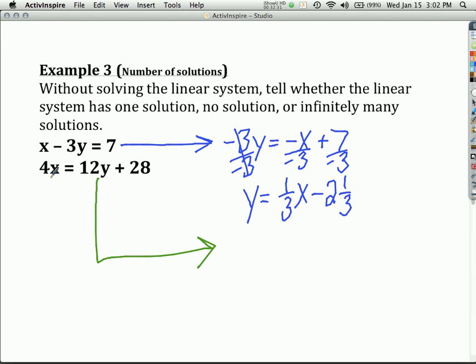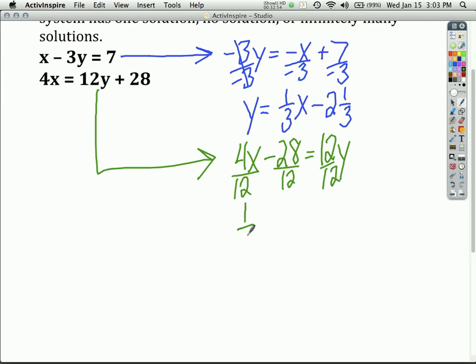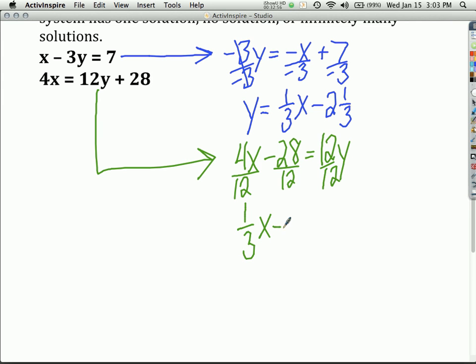Yeah, the easiest thing to do is subtract 28 from both sides, and we get 4x minus 28 equals 12y. And then how do we finalize it, Catalina? Divide everything by 12. And we will end up, even though it'll look backwards, with 1/3 x minus 2 1/3 equals y.